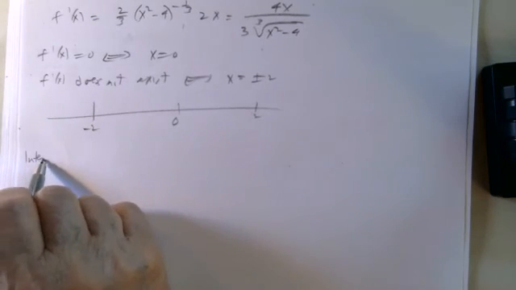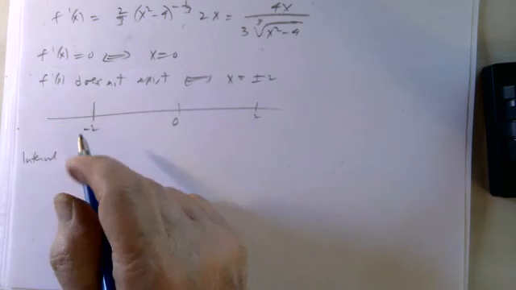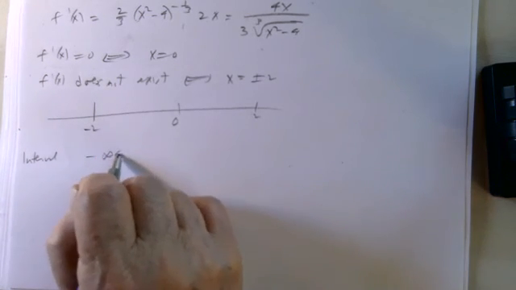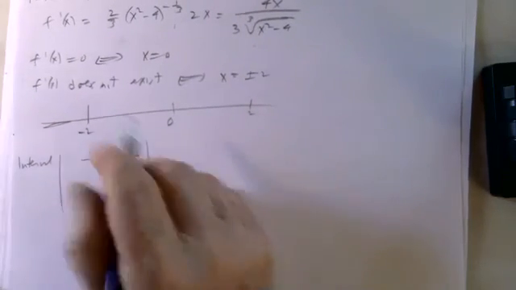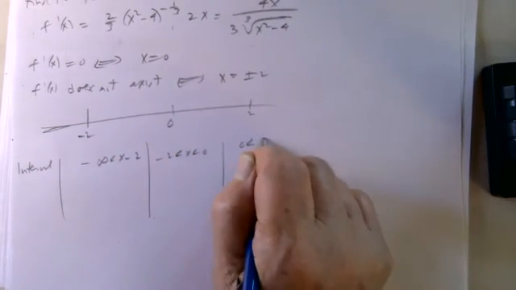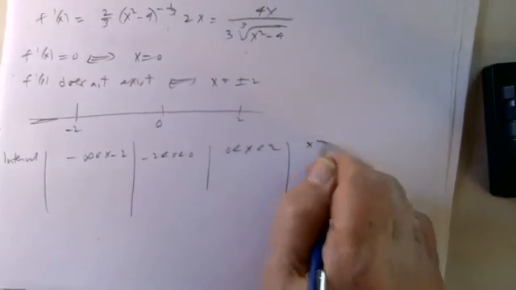So I have to look at the sign of the derivative on the intervals from minus infinity to minus 2, from minus 2 to 0, from 0 to 2, and for x bigger than 2.